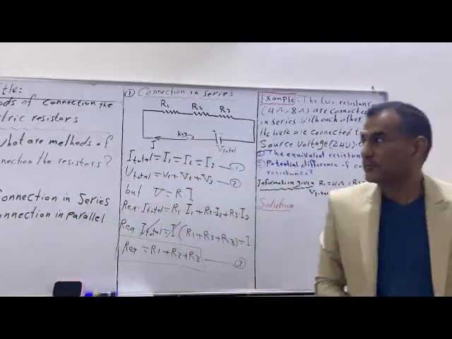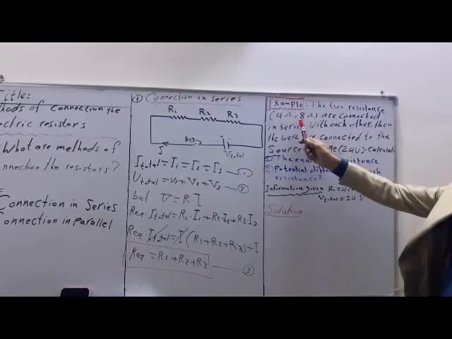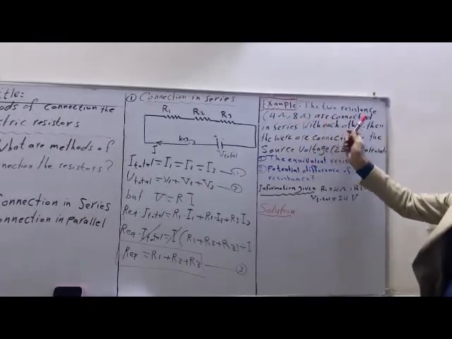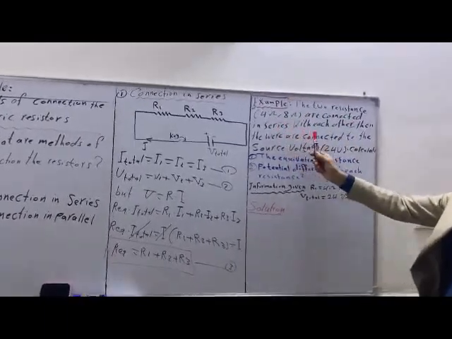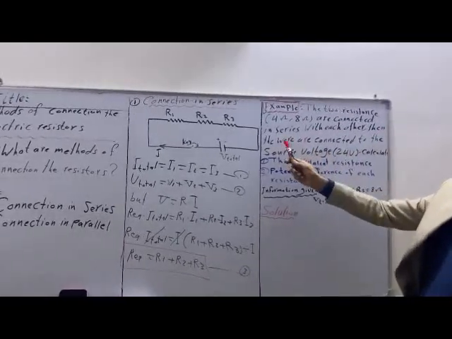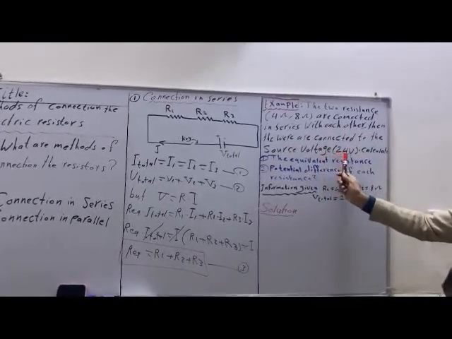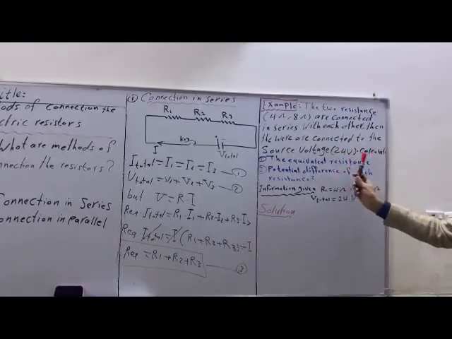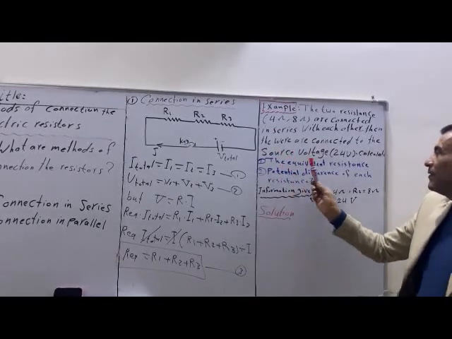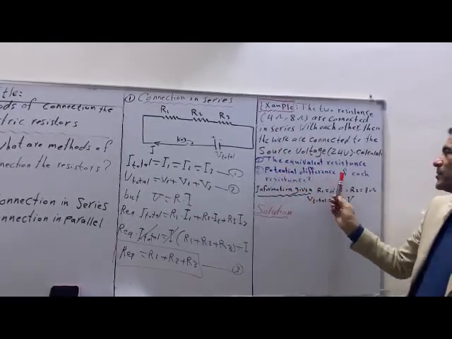Example. Two resistances, 4 ohm and 8 ohm, are connected in series with each other. Then they are connected to a source voltage of 24 volt. Calculate: number 1, the equivalent resistance; 2, the potential difference of each resistance.